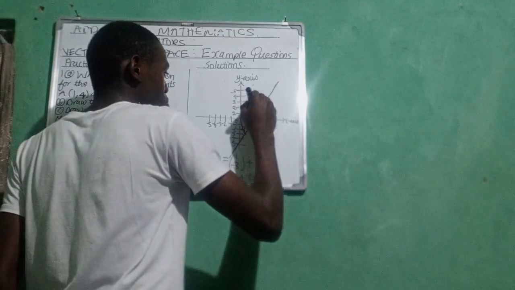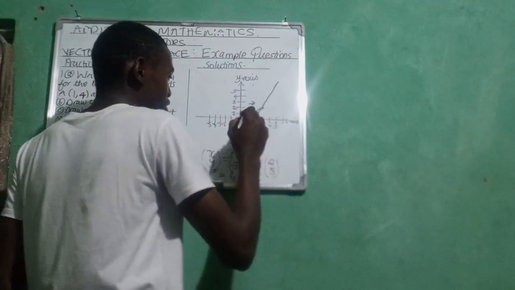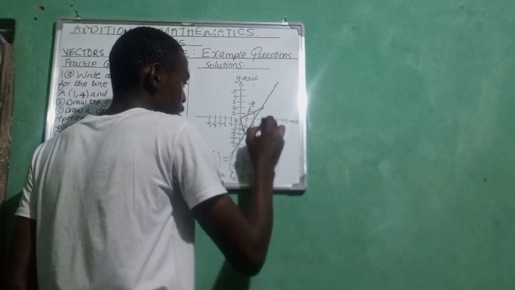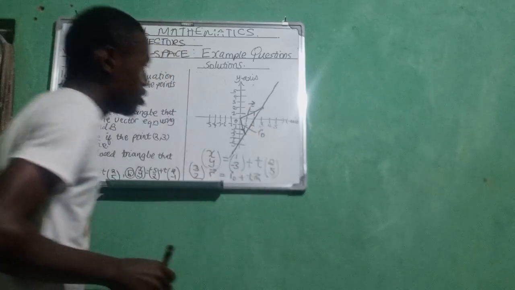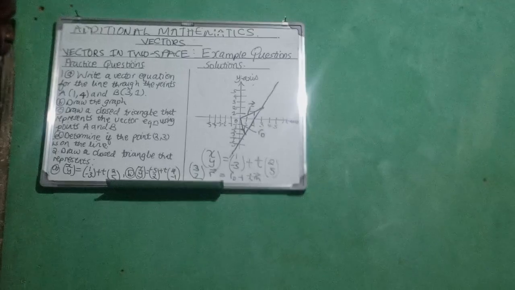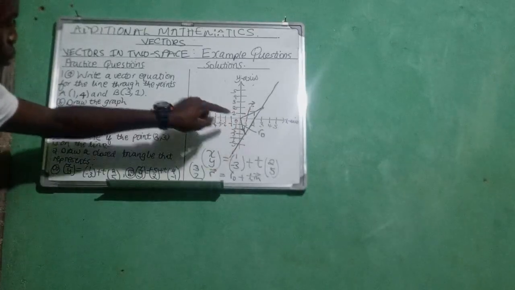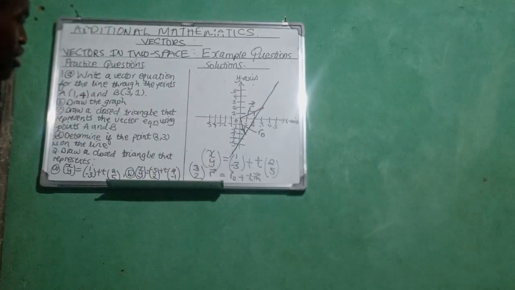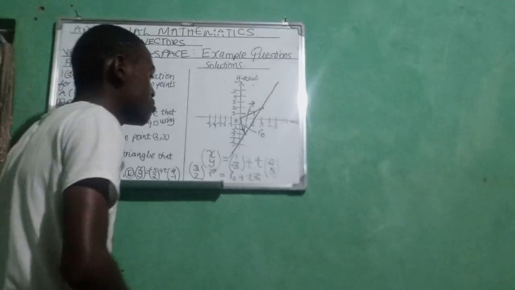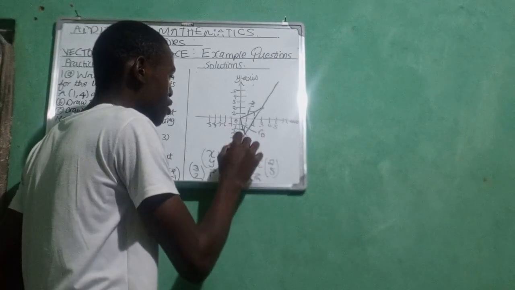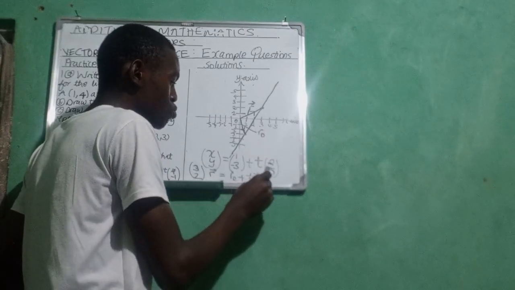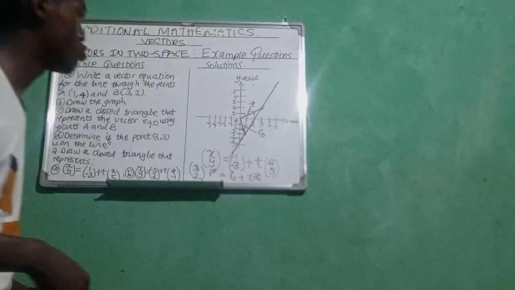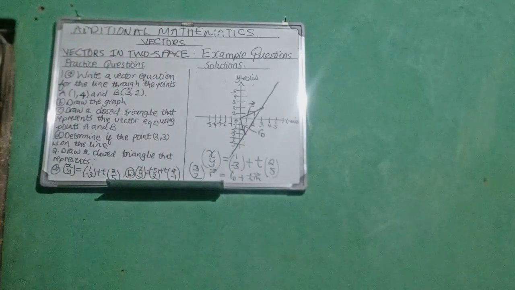I'll choose this one to be the resultant vector r, and this one here will be r naught. So what am I trying to say? For us to have resultant vector r, we go r naught, and then from r naught we go there. Now, because r naught is (1, negative 3), we move (2, 5) to find ourselves at (3, 2). And that's how we draw the closed triangle.